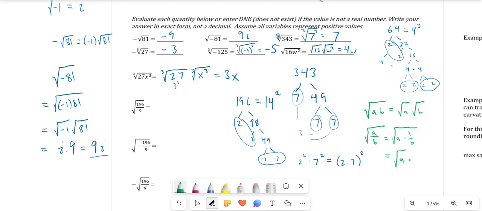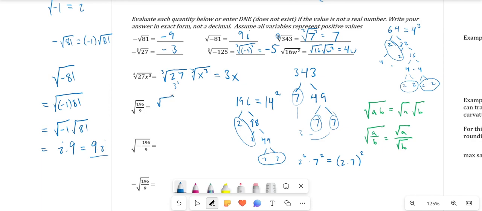And then that is just the square root of a times the square root of 1 over b. And we could go a little further here, because the square root of 1 is just 1. What we really have is that the square root of a over b is the square root of a over the square root of b. And that's going to let us simplify this quite a bit.